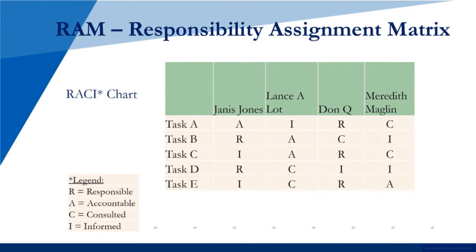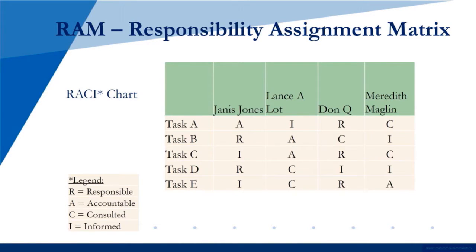Again, you've seen this before. It's a responsibility assessment matrix. We looked at it, a RACI chart. Here, we can use this as a way of assigning specific resources to different tasks. But it does a different thing here while we're trying to understand the resources that we need for our project.